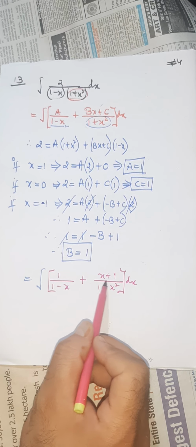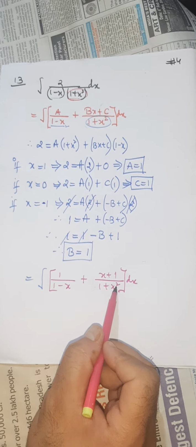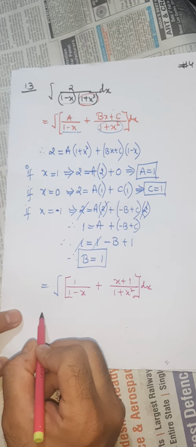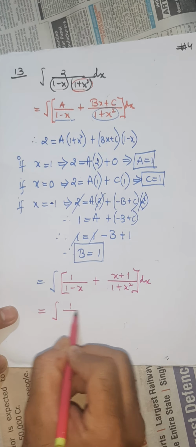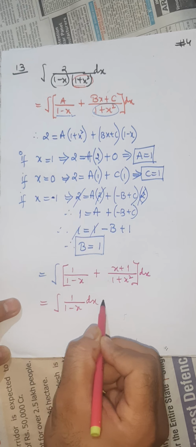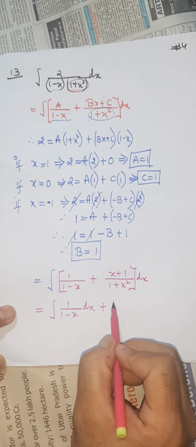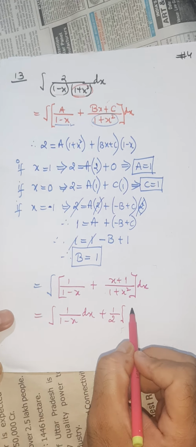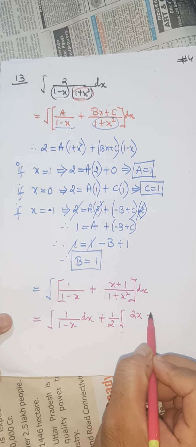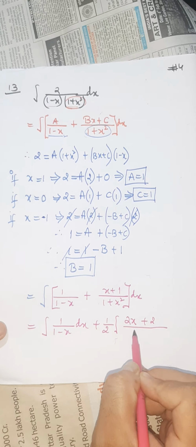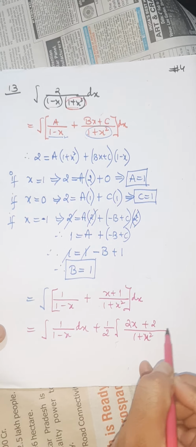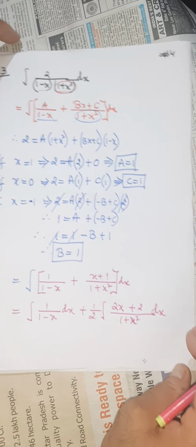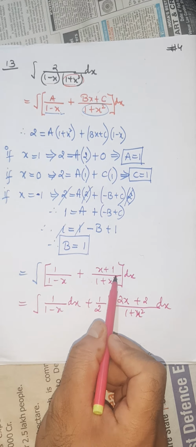So you need to set the derivative of this quadratic, that is 2x. So I need to set 2x. So I'm rewriting like this here. I need 2x there. So multiplying and dividing by 2, you know such procedure. 2x plus 2 upon 1 plus x square. This is our earlier procedure, linear upon quadratic.